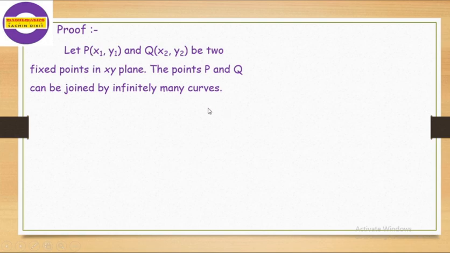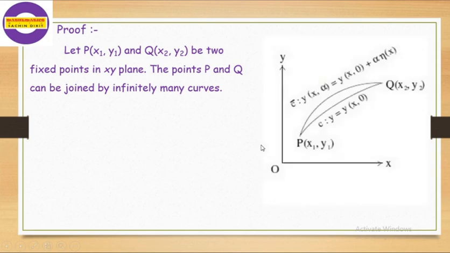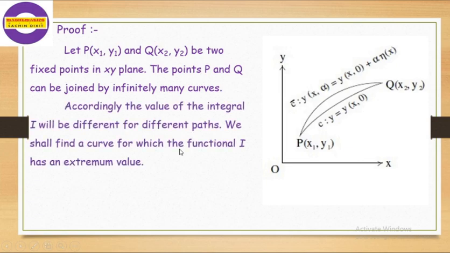Here in the diagram we draw two curves, one is C, the other is C dash. We can also draw so many curves between P and Q, but in this case P and Q are both fixed points in the xy plane.